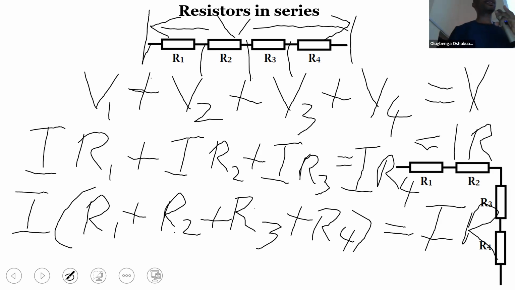So if you are designing the circuit and you want a certain current to flow through a particular channel, and you want a resistor to stay at this particular point of the circuit, and you get to the market, you want to buy a 200 ohm resistor and it's not available.